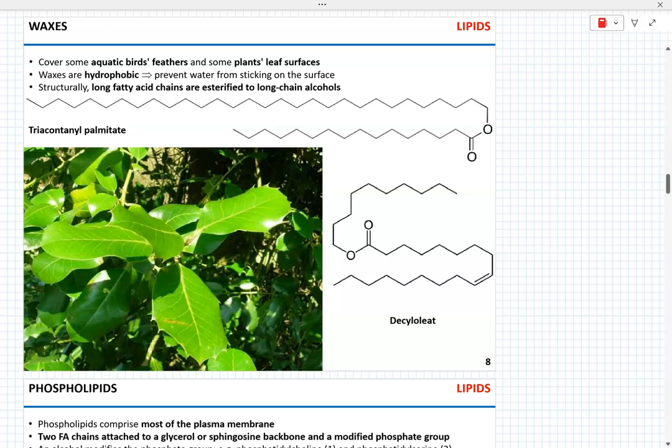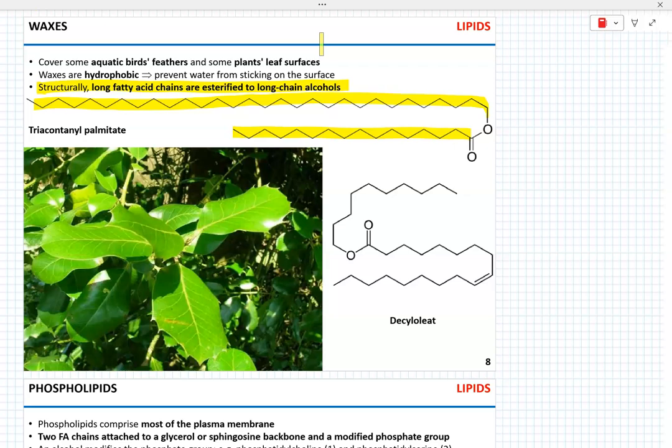Another type of lipids that we need to talk about are waxes. Waxes are formed by fatty acid chains that are esterified by a long chain alcohol. Waxes, due to the really long hydrocarbon chains shown here as a zigzag line, are extremely hydrophobic.